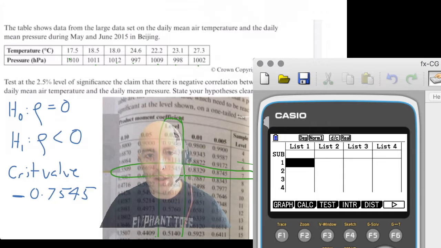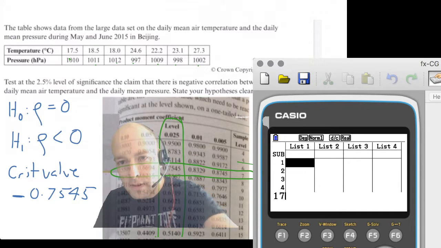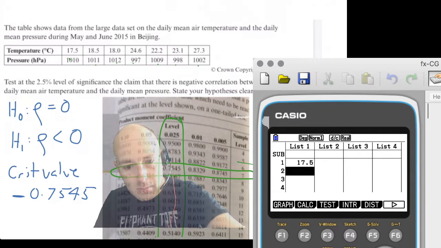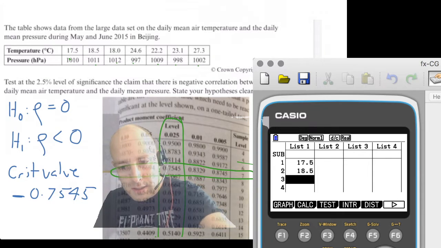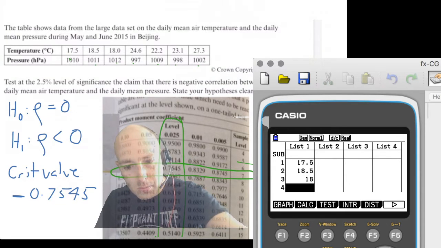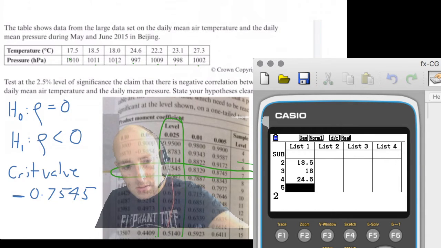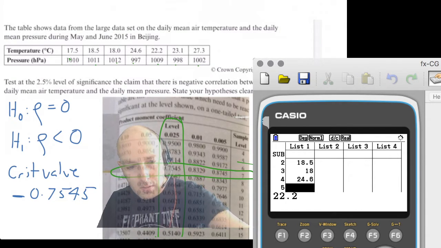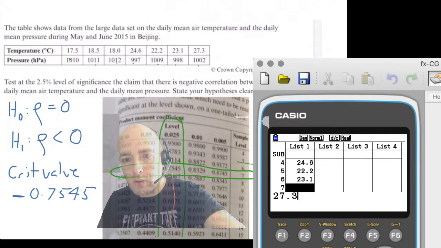Yeah, I think temperature will affect pressure. 17.5, 18.5, 18, 24.6, 22.2, 23.1, and 27.3.